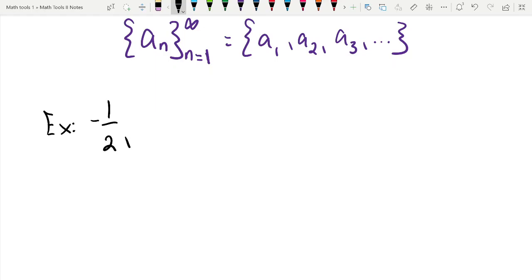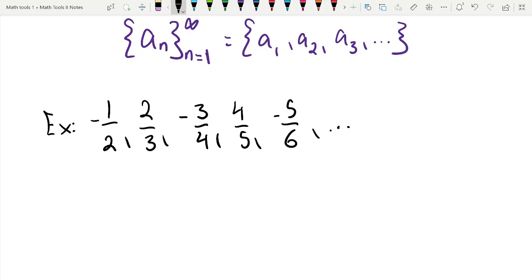So let's say we have the sequence -1/2, 2/3, -3/4, 4/5, -5/6, etc. So we want to try to come up with a formula for this sequence. Okay. So first of all, note the negative sign in here.